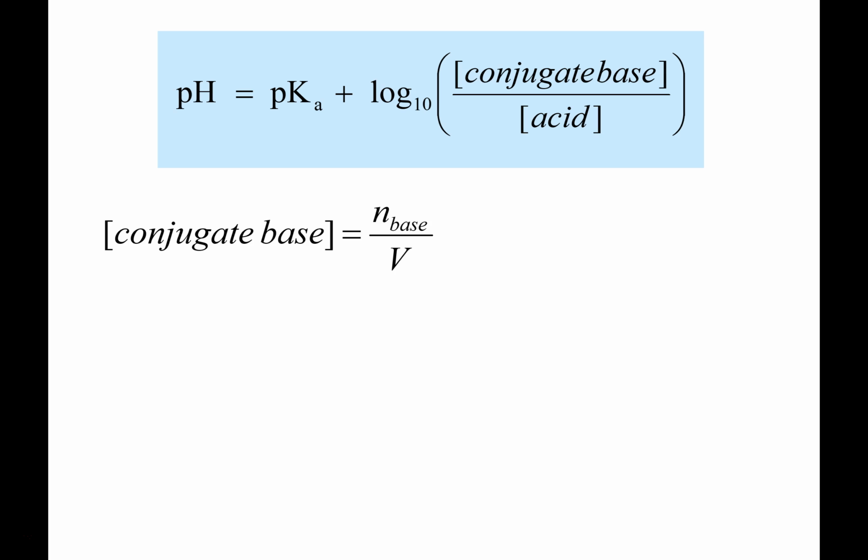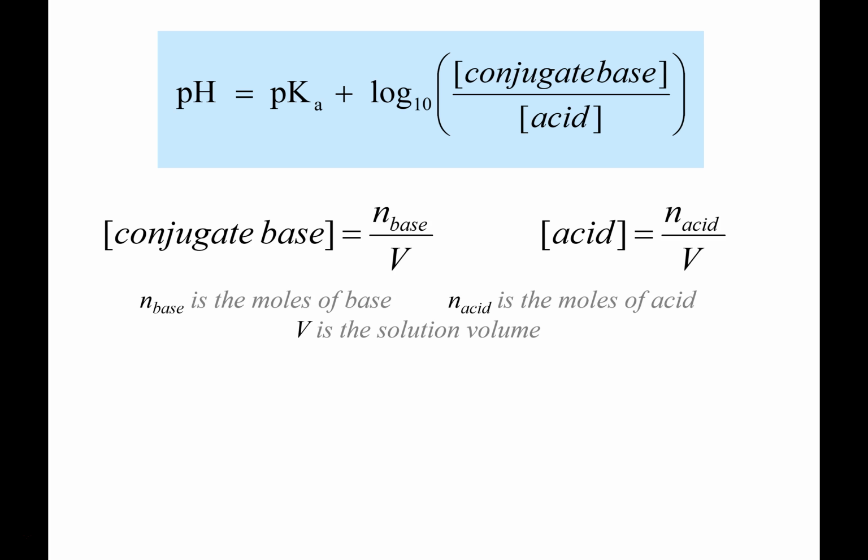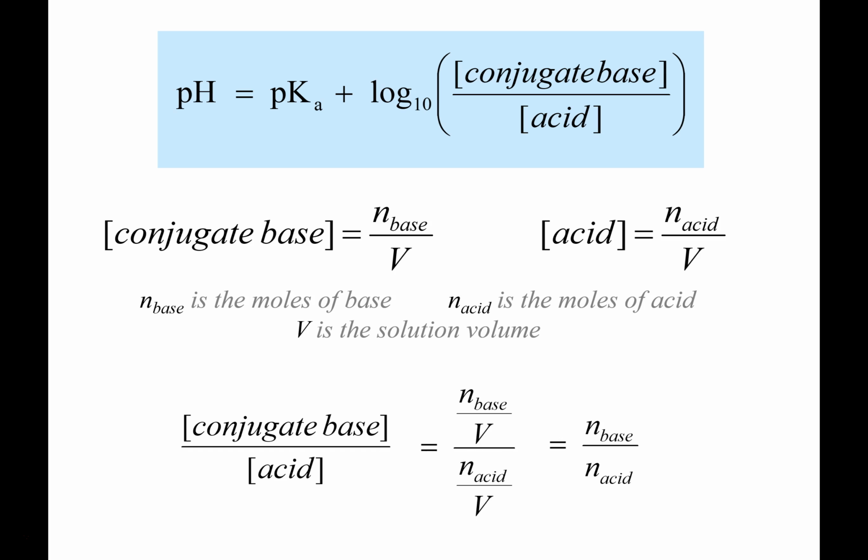What we know is the molar concentration is the moles divided by the volume that those moles are swimming around in. The molarity of the acid would be the moles of acid divided by the volume that it's swimming around in. There's a good chance that that volume is the same. So honestly, this ratio is the same as the molar ratio of conjugate base to acid, which is the same as the moles of base to moles of acid.